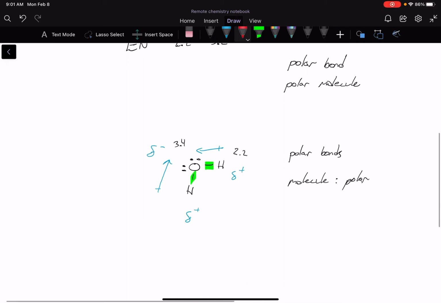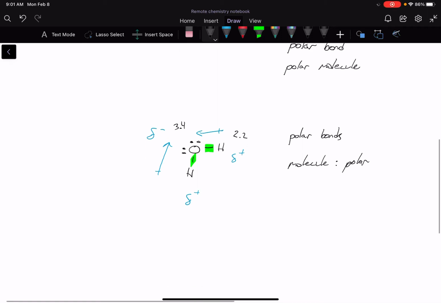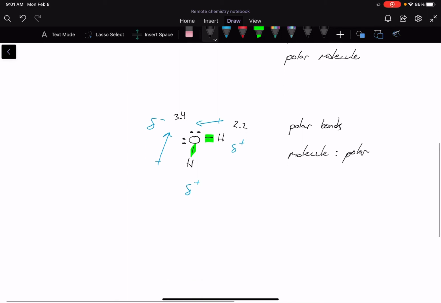So there's clearly more positive charge on this end and more negative charge on this end. And so the entire molecule itself becomes asymmetrical, and it becomes a polar molecule.